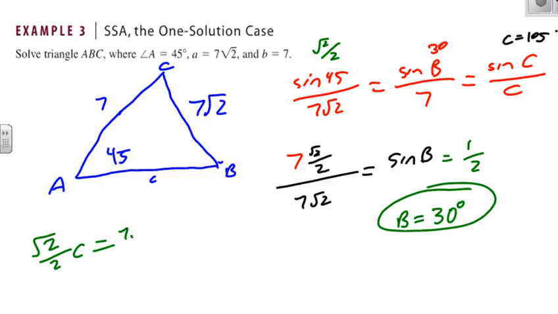Equals 7 square root of 2 times the sine of C, which is, C is 105, so that's just a number. And we're going to divide by square root of 2 over 2. So when we divide by the square root of 2, that's going to cancel.